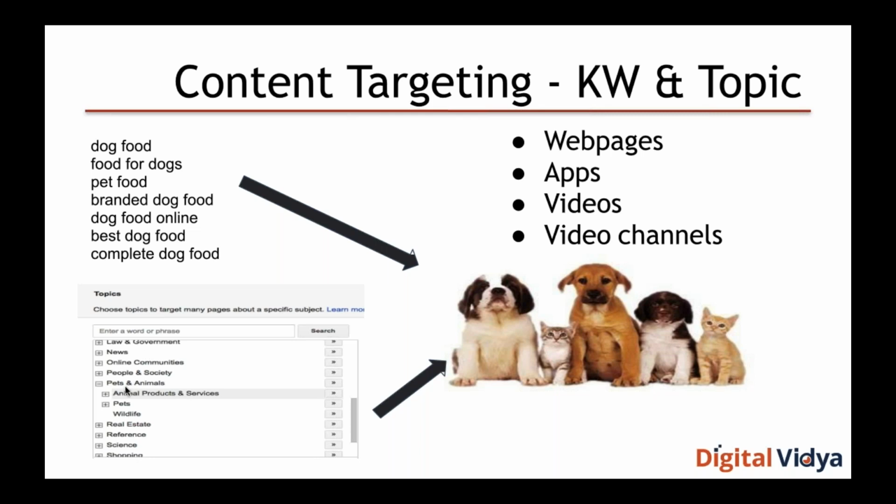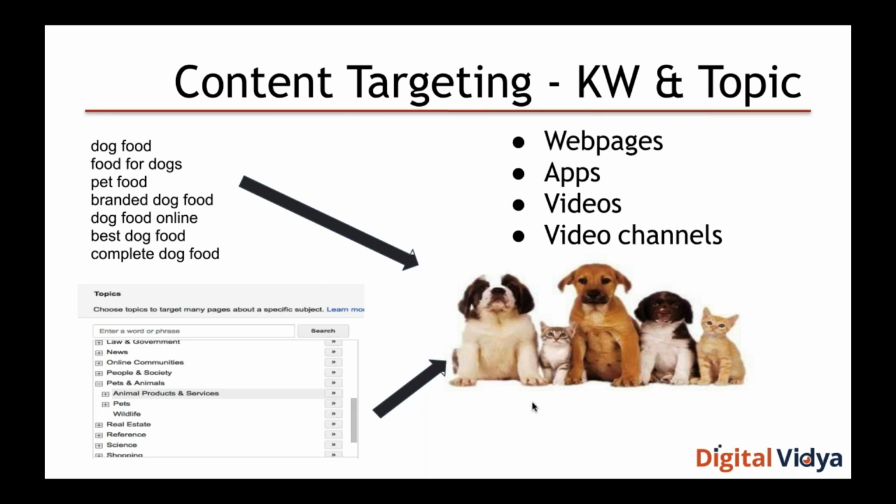So I can simply choose a topic like pet and animal, and within that, not the entire pet and animal, I'll choose animal products and services. Wherever there is content on the Google Display Network, on websites and apps, about animal products and services, my ads will show there.